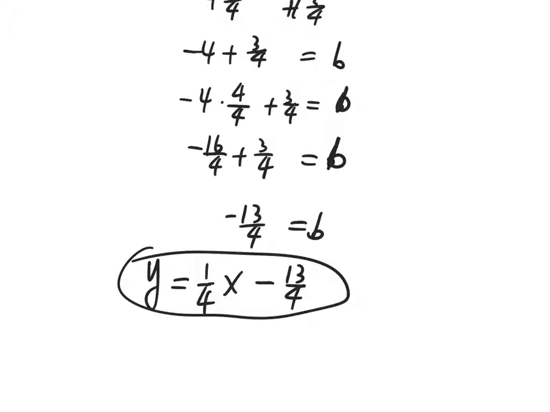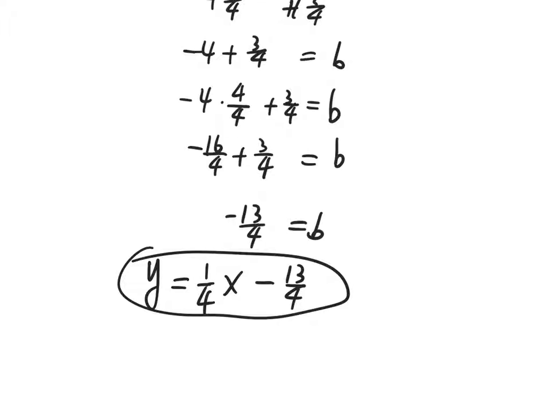That's how you get the equation. Just let me write it better. This is b and this is b. You just plug the point and the slope into the slope intercept form and then solve for b, and then use the given m and the b you calculated to get the equation.